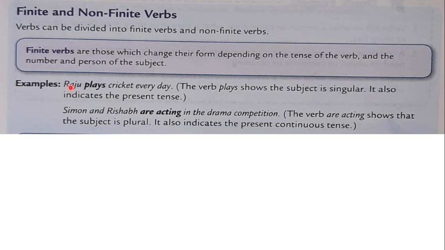Like here you are given, Raju plays cricket every day. Here the verb is plays. Raju is singular, so plays. The verb plays shows the subject is singular, and it also indicates the present tense.